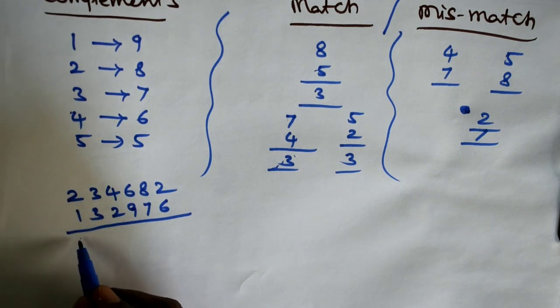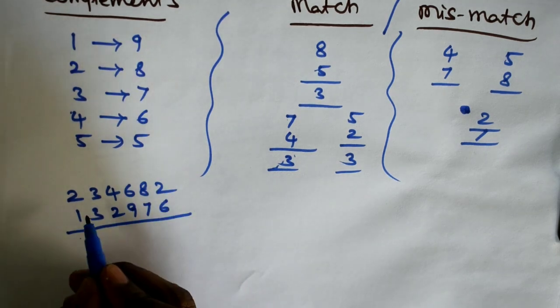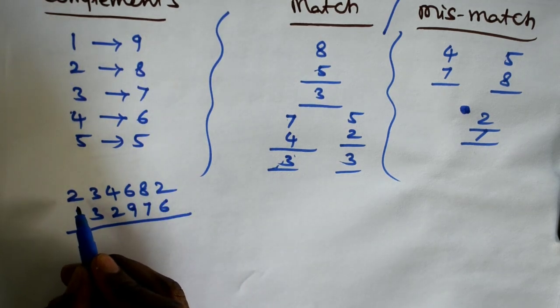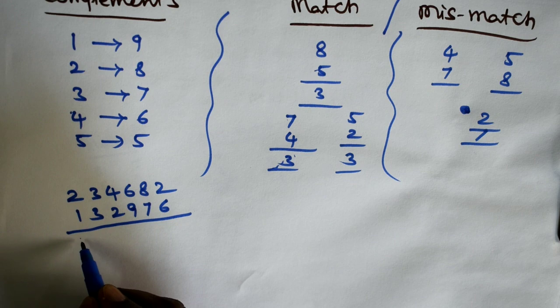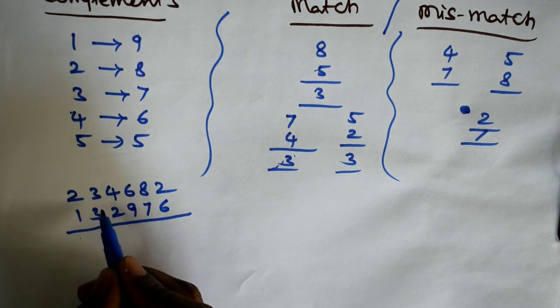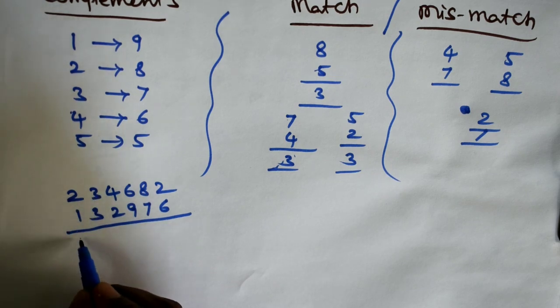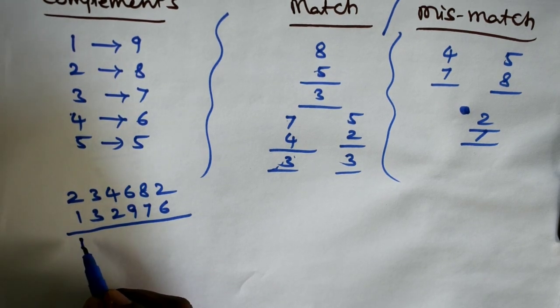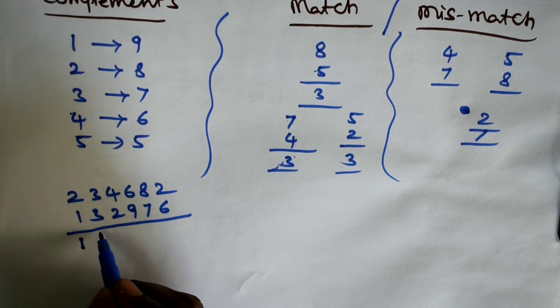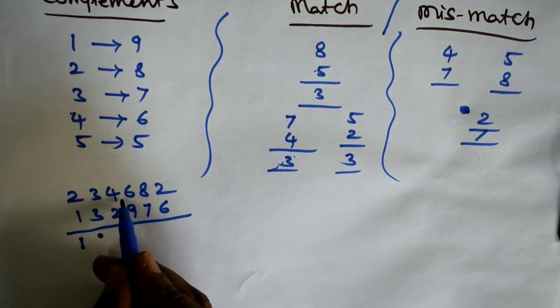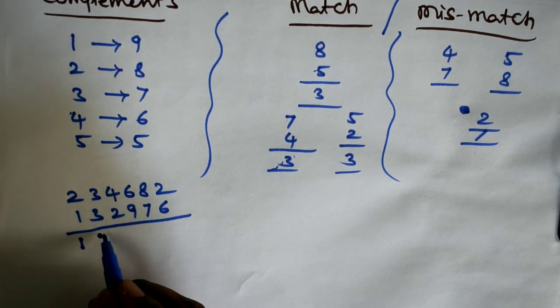When we are writing from left to right, we look at the number, 2 minus 1 is 1, and beside that we check whether match or mismatch is there. Here 3 minus 3 is possible, so match, so we can write 2 minus 1 as 1. Next, 3 minus 3, we get 0. So 0 we can write as 0 only, and beside that match is already there. Right? So 0 we write.